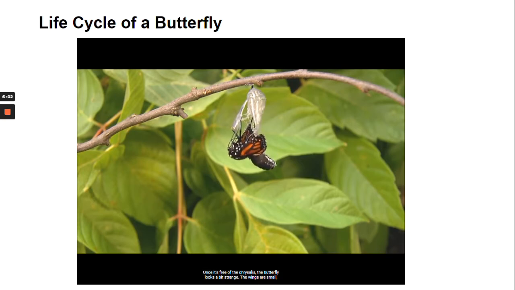Once it's free of the chrysalis, the butterfly looks a bit strange. The wings are small, crumpled and wet, and its abdomen is swollen with fluid.